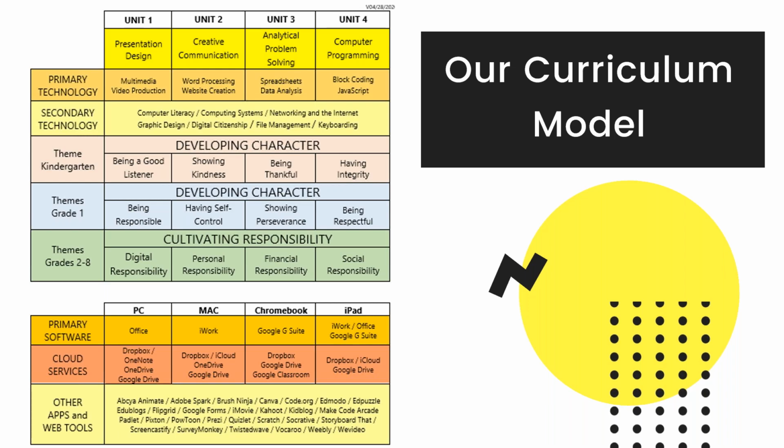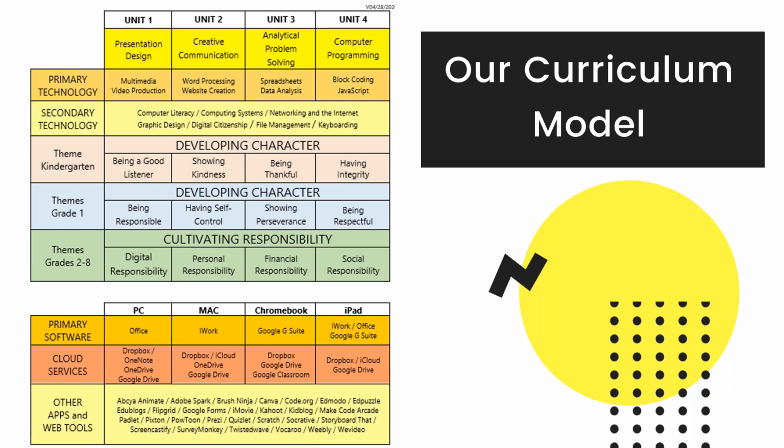Unit 3, analytical problem solving. We're talking about spreadsheets and database. Computer programming is our unit 4. We're talking about game design, block coding, JavaScript. Okay, these are the technologies that each unit is covering, right? The skills that we're going through. The secondary technologies are all just interweaved in every single project and throughout the steps.